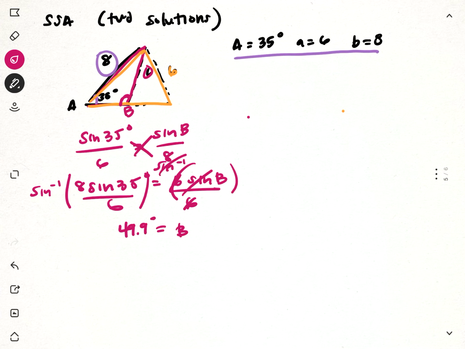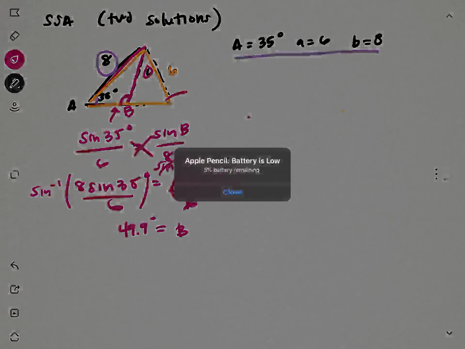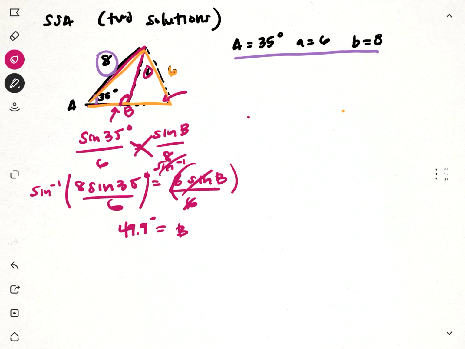Okay, so what we're looking at here is 49.9. That doesn't describe that angle, because we said in the beginning that, if we're looking at that angle, it's obtuse. So this number that we're getting here is actually this value here, 49.9.